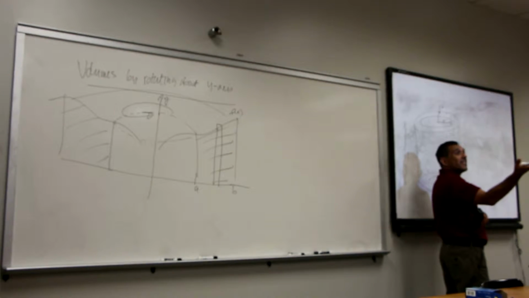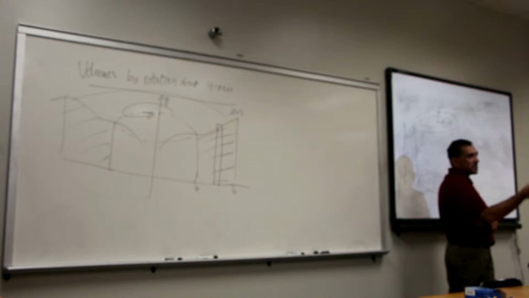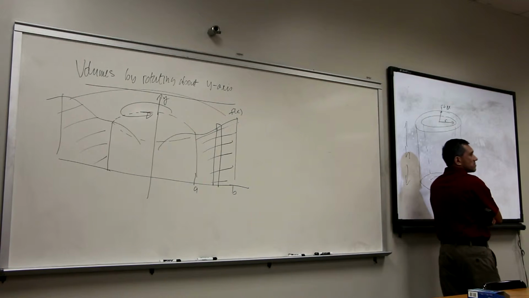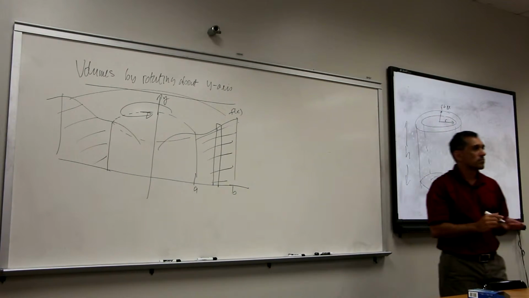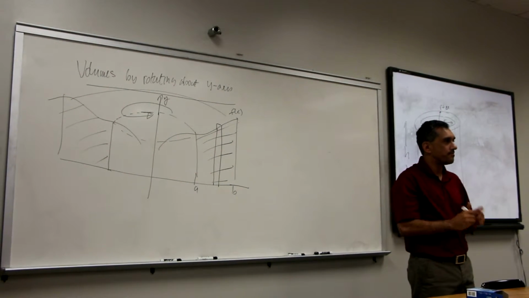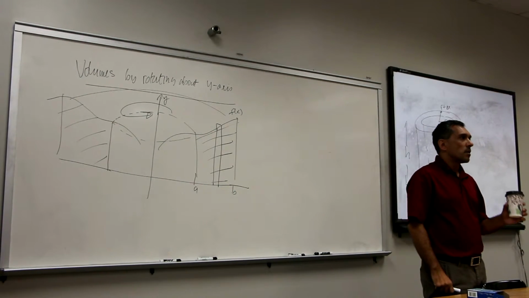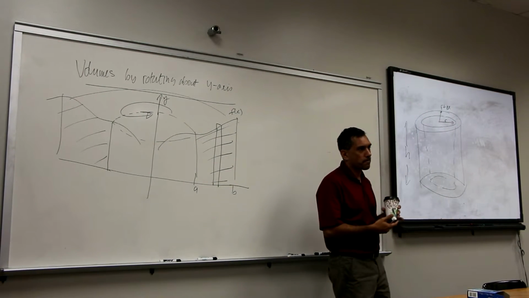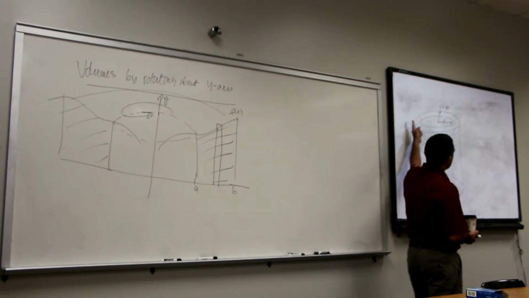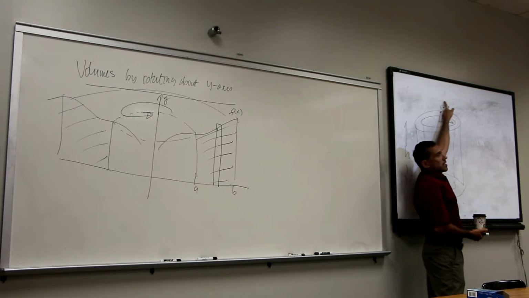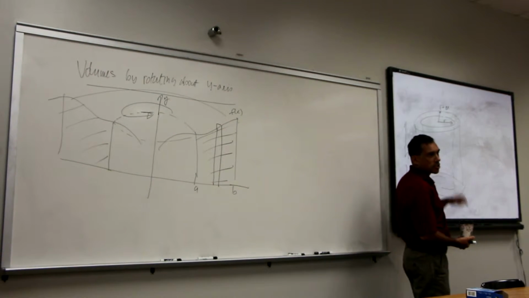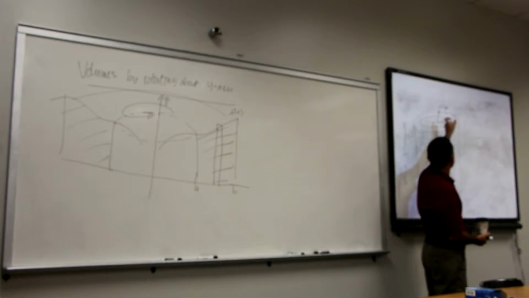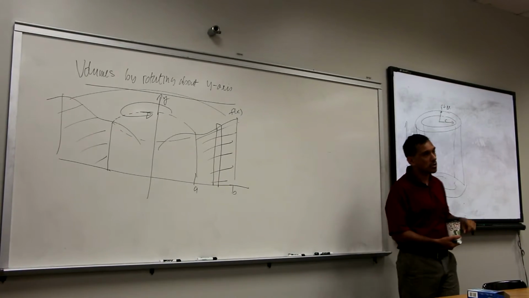R plus B minus A. R plus delta x. That's the outer radius. And we all know how to find the volume of a cylinder. You say pi r squared h. So you find the volume of the outer cylinder, you'll do pi that squared h. Find the volume of the inner cylinder, you'll say pi that squared h.